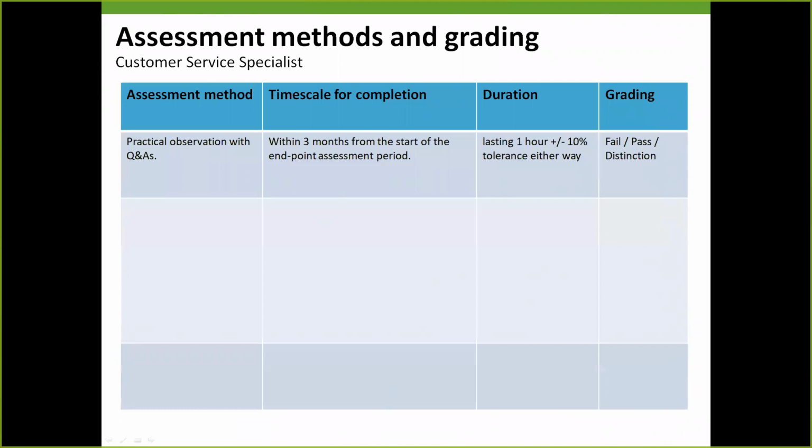So you do have practical observation. This one's slightly different. It's with Q&As, and I think there's very much an assumption that in the frameworks world, when we've been observing, it's not unusual for you as an assessor maybe to ask questions as you're working with that learner. And the assessment methods in endpoint assessment are quite specific.